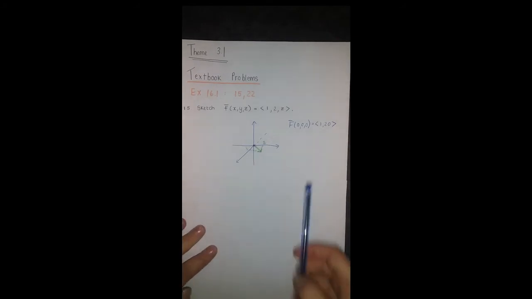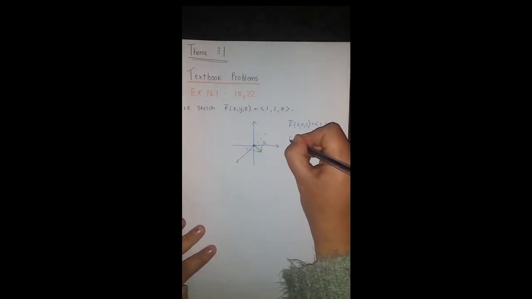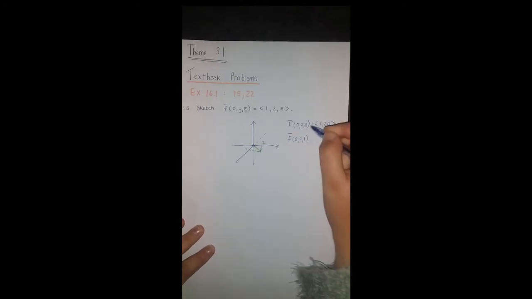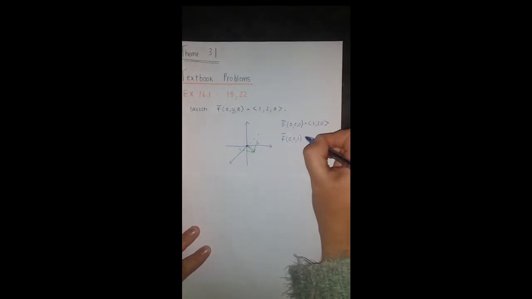Now let's say, okay, let's jazz it up, and we want it to be on the z-axis. So now we have (0, 0, 1). So we only want it to be on the z-axis. It's just easier to see. So that'll give us (1, 2, 1).